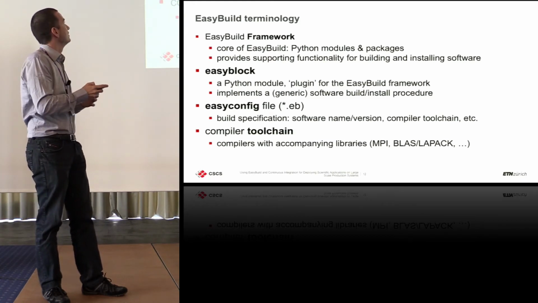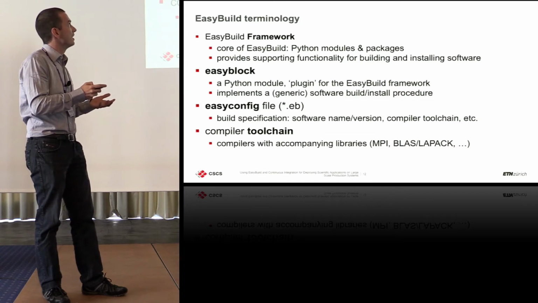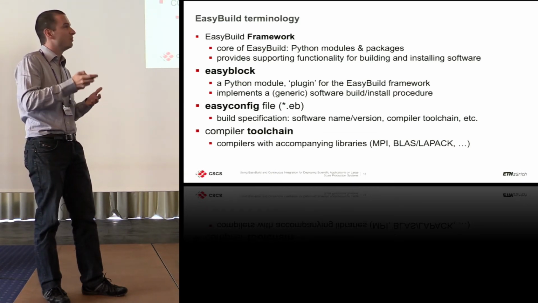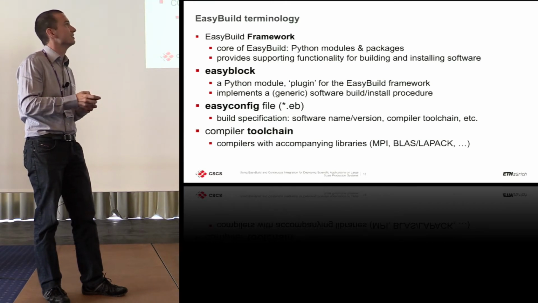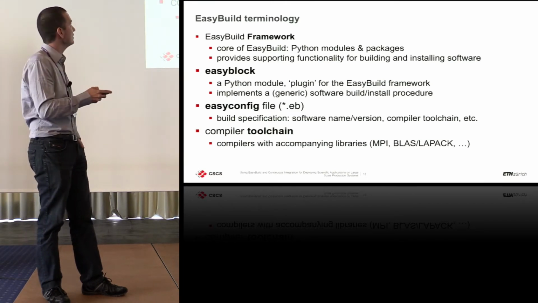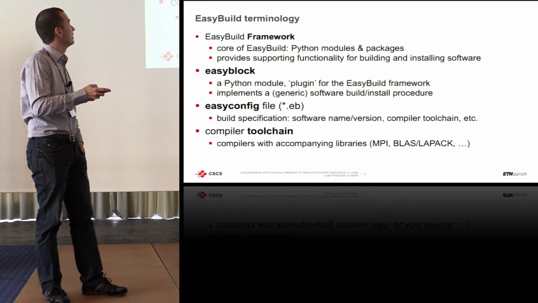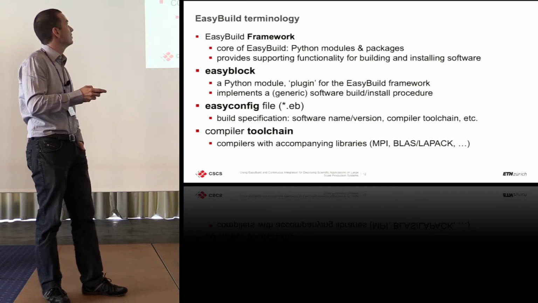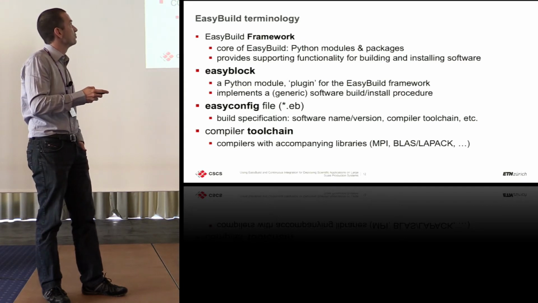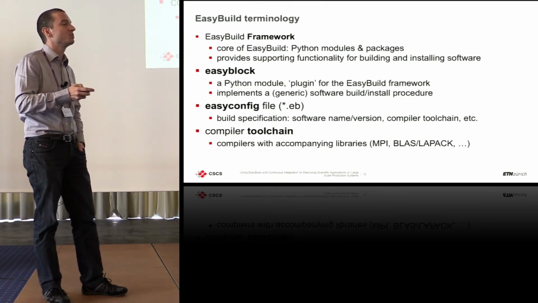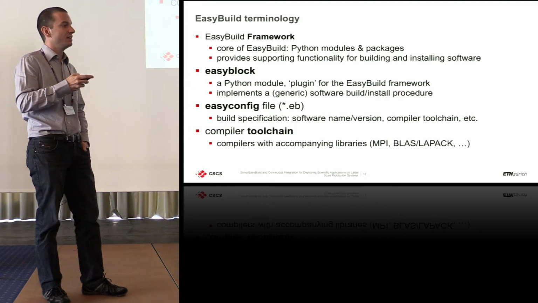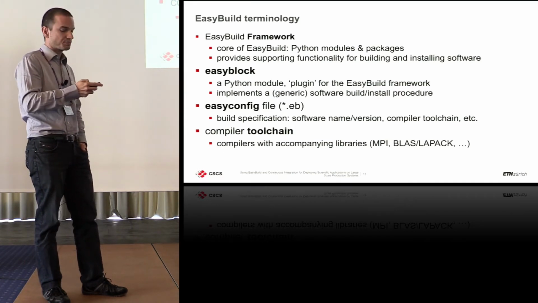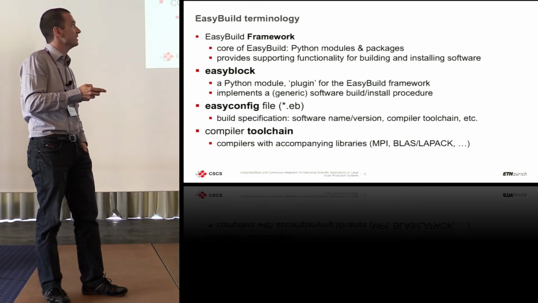It's all the modules that help us to build and install software, also to create module files, to download the software, and check if the downloaded files are correct. Then the easyblocks are the Python modules that implement a generic software build, so you don't need to implement Python code for every application.